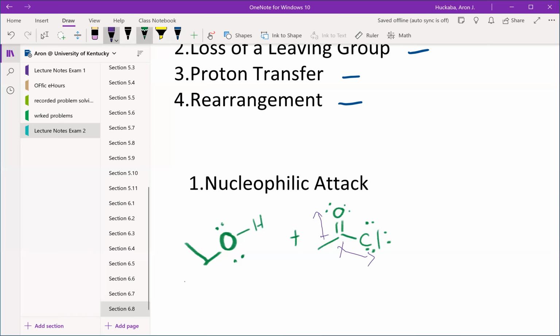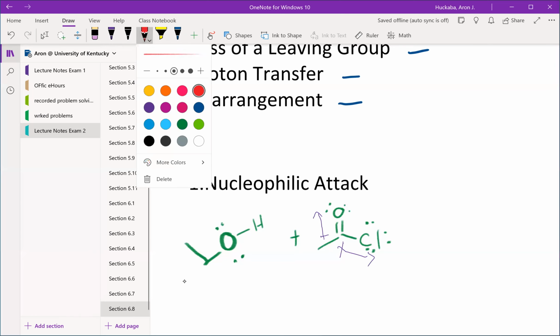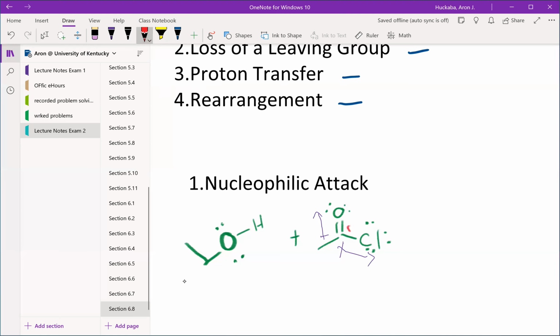Both of these things together mean that that carbon has a very high partial positive charge, and the partial negative charges are on the oxygen and carbon chloride. So this makes that carbon a very good electrophile.